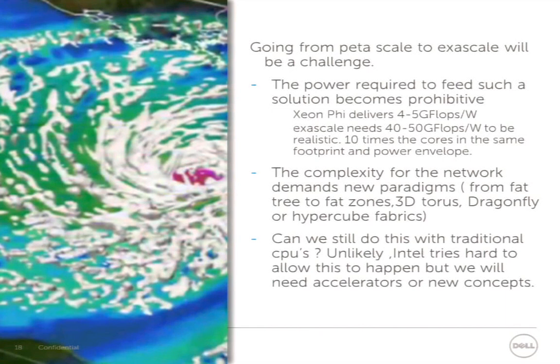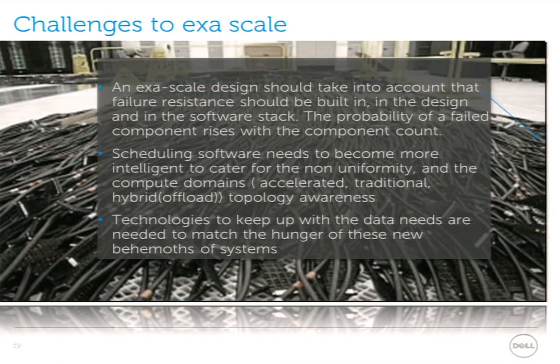Can we do this with traditional CPUs? Unlikely. Intel tries to make this happen, but we'll need something more than just Moore's law to make this happen in the next few years. So we will need accelerators or other concepts like we've seen these few days.